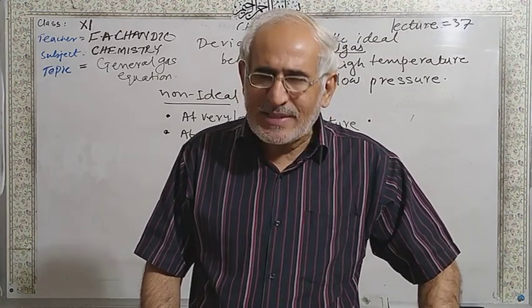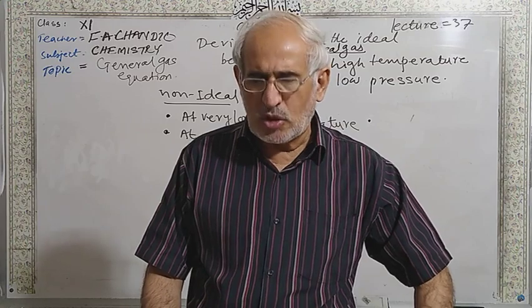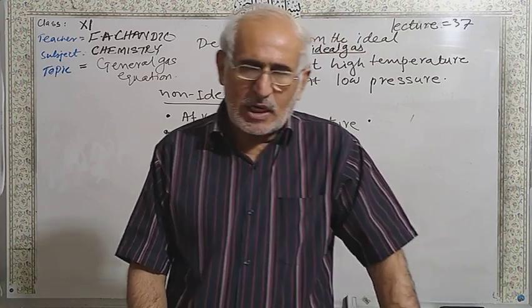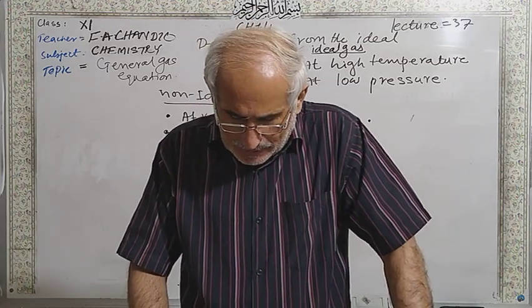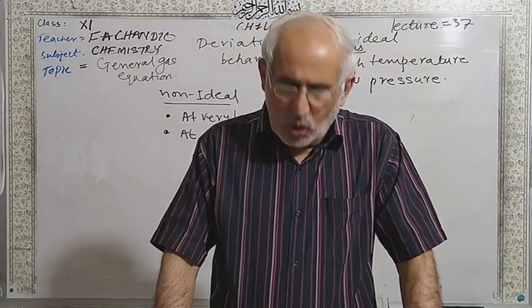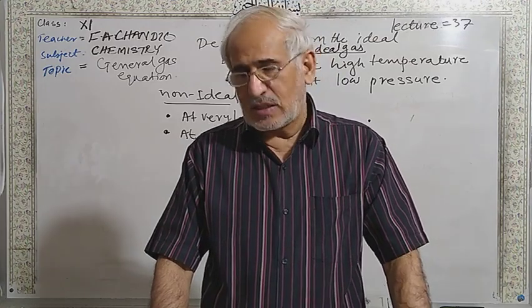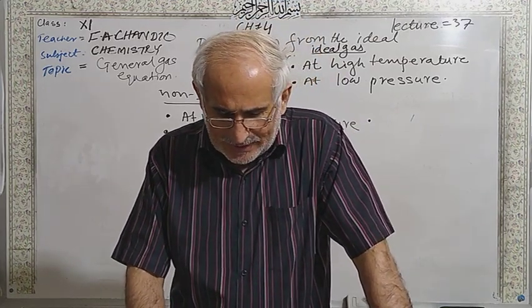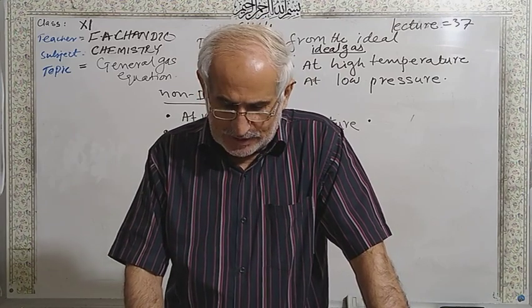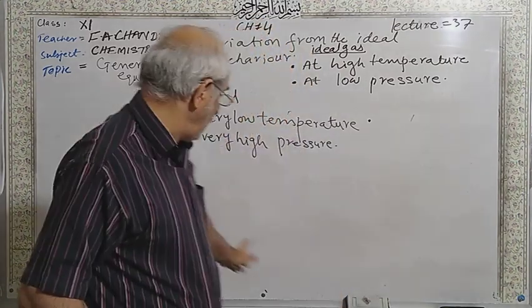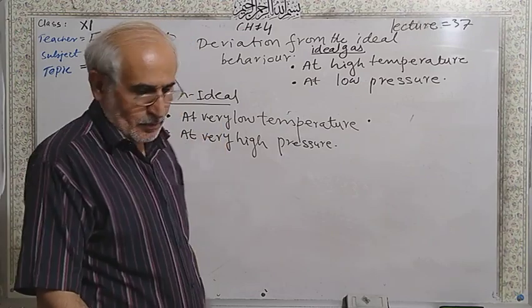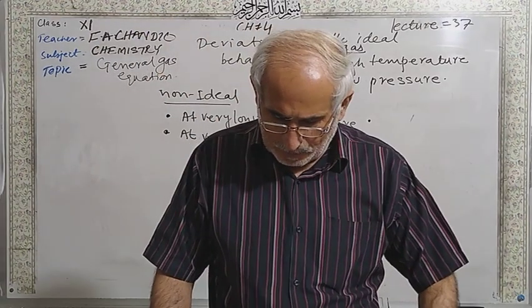A gas which obeys the general gas equation PV = nRT and all gas laws, especially Boyle's law and Charles' law, is called an ideal gas. And no such gas is known, as I told you. In reality, no gas is ideal because it shows certain deviations at low temperature and high pressure, which I already mentioned here.